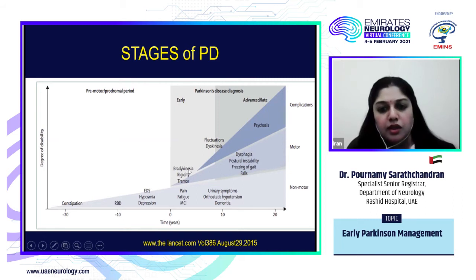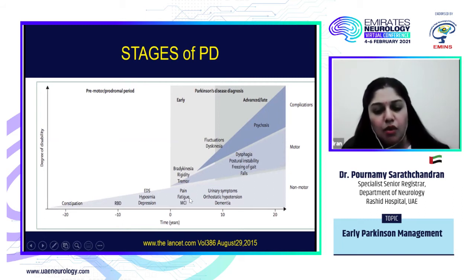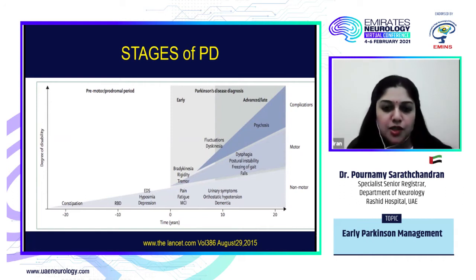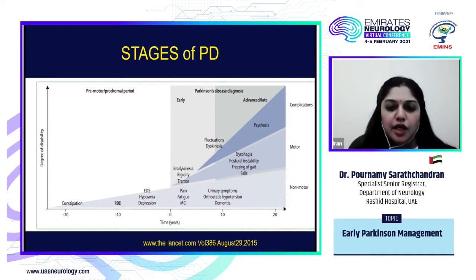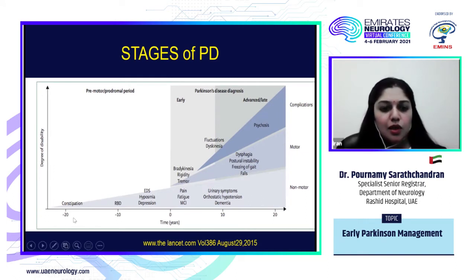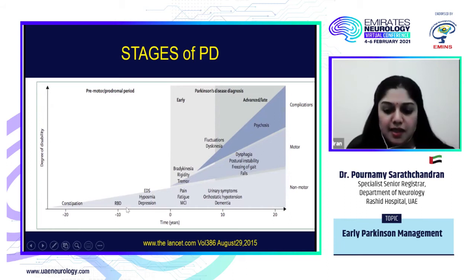However, the motor symptoms become manifest once a significant amount of nigrostriatal neurons have been lost, which means that the neurodegeneration has been going on for quite some time, even before the diagnosis of Parkinson's disease. And the usual pre-motor symptoms include constipation, anosmia, REM sleep behavior disorder, etc.